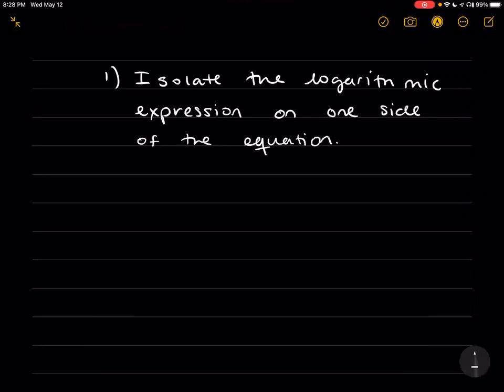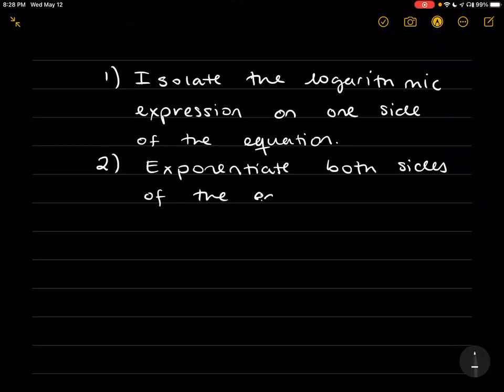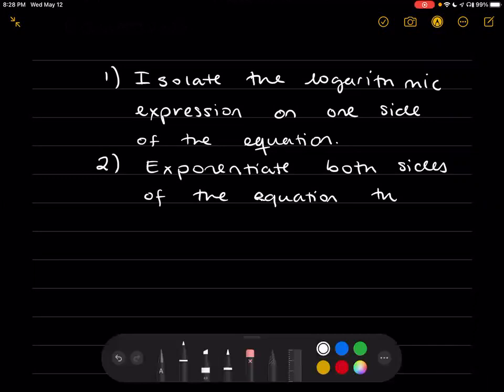And just like with exponential equations, the second step is a little bit flipped. Instead of taking the log of both sides, once you have the logarithmic expression isolated, you're going to want to exponentiate both sides of that equation, and that's to undo the log.